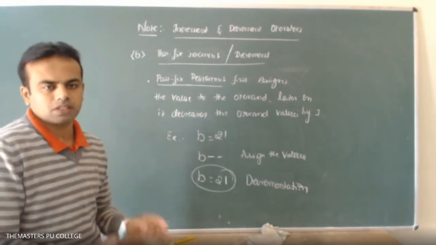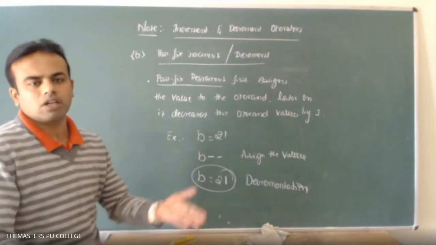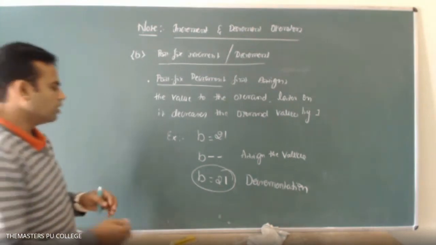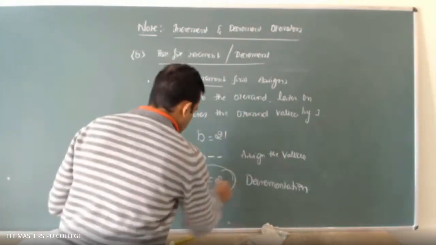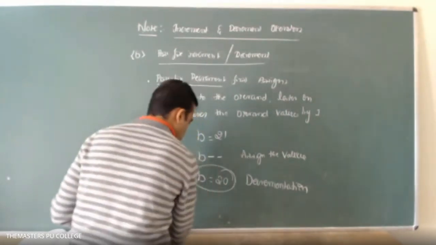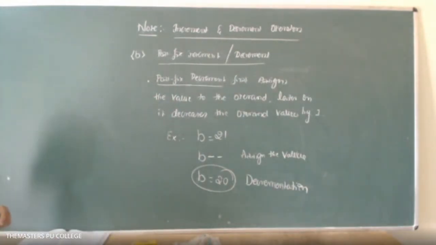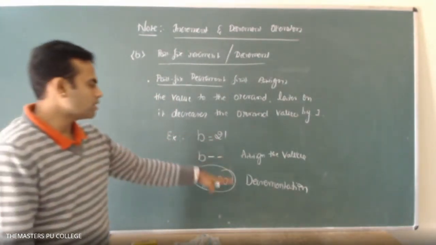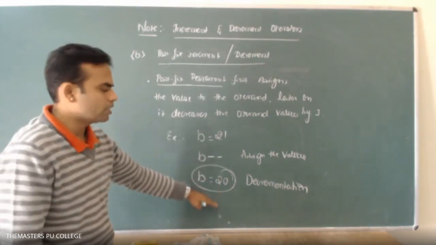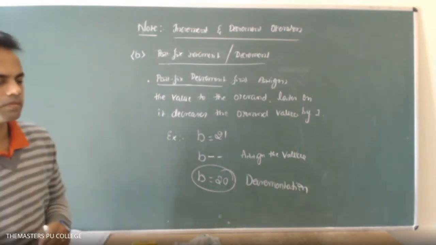But in postfix increment and decrement, first it assigns the value, later on it increments or decrements. So when it decrements, it will become 20. First assigns the value, later on it decrements the value by 1 of the operand.